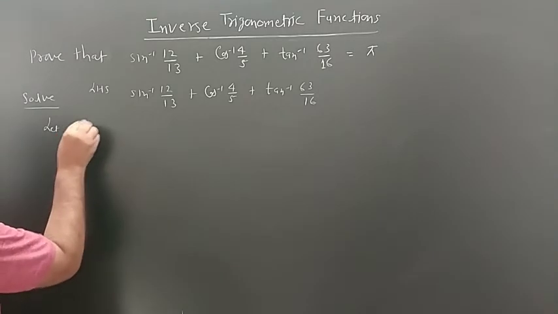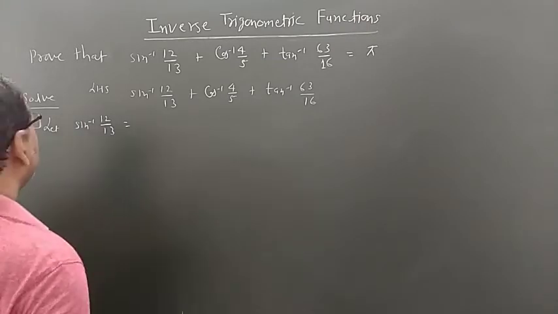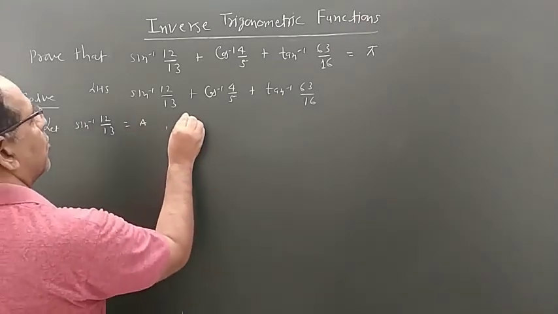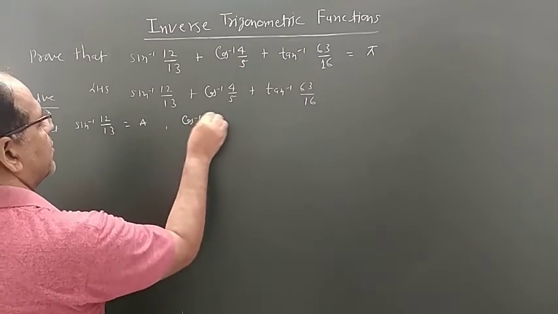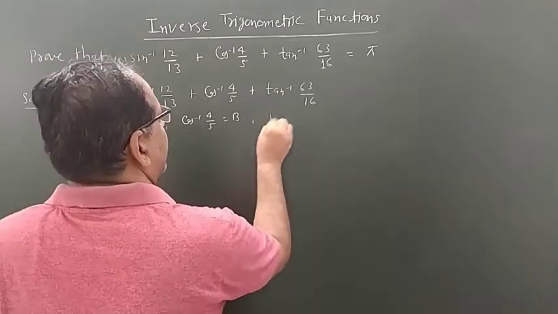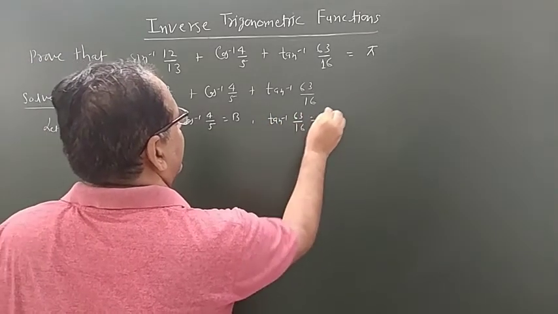Let sin inverse 12 upon 13 equal A, cos inverse 4 upon 5 equal B, tan inverse 63 upon 16 equal C.